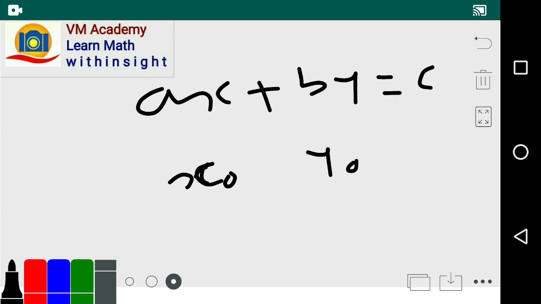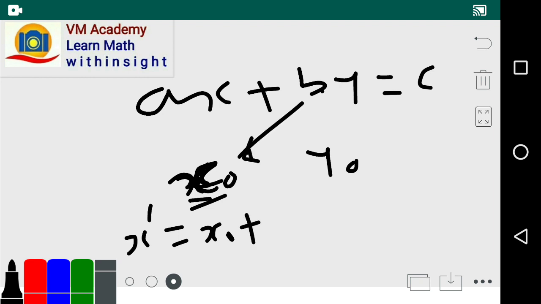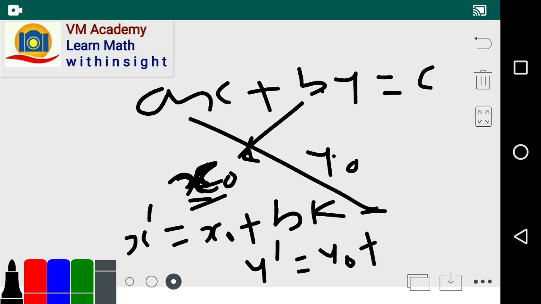Then what we do, friends, to get x dash, this x naught plus, crosswise multiply, b times k, and y dash is nothing but this y naught, the initial solution, plus crosswise the negative of this coefficient, minus a times k, where k is any integer, friends.